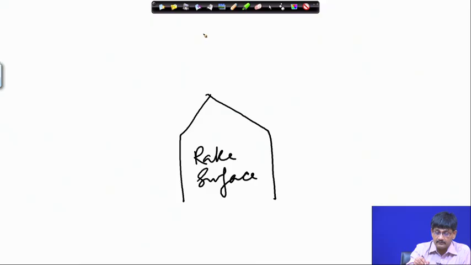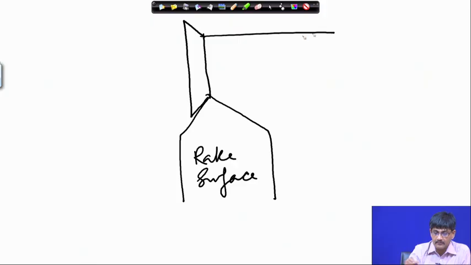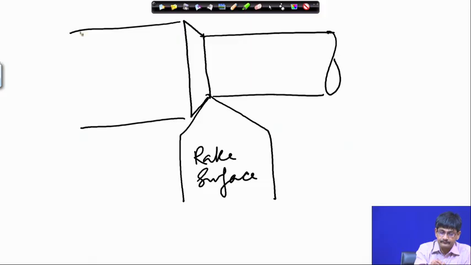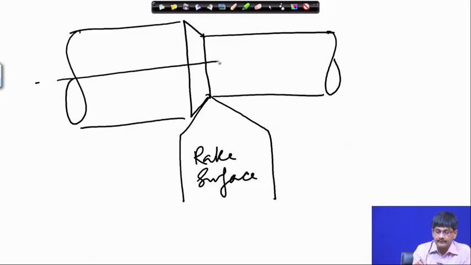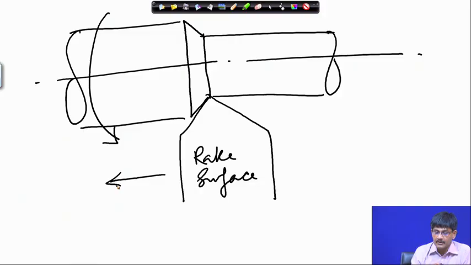The job is on this side. It is rotating. The tool is moving this way. So, the chips are going to come out, as we saw the last day, out here, over the rake surface. And this is the finished part, this is the unfinished part.